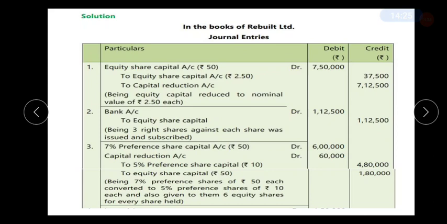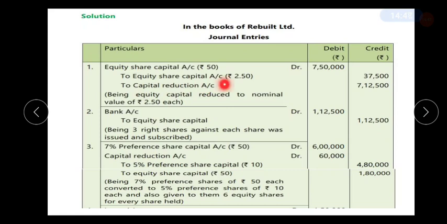It is a kind of alteration of share capital where we are reducing the face value and paid up value together. As we are reducing the face value, you need to cancel the old shares. In the place of them, you need to introduce the new shares. Any difference amount will go to capital reduction account.